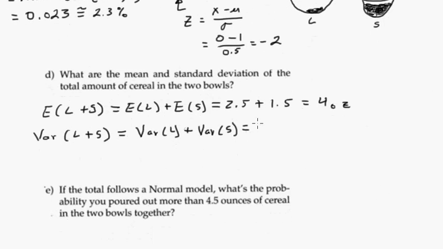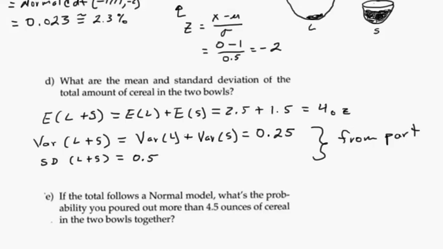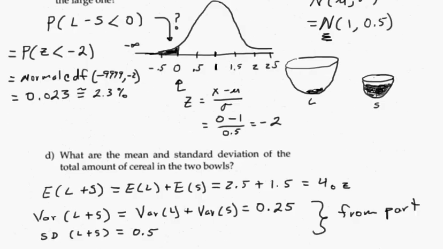So we don't have to do that over. We've already done it. Okay. So the standard deviation of L plus S equals the square root of that, so 0.5. So we've done all the work from part B.